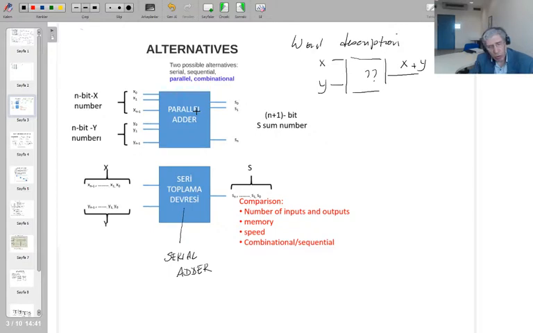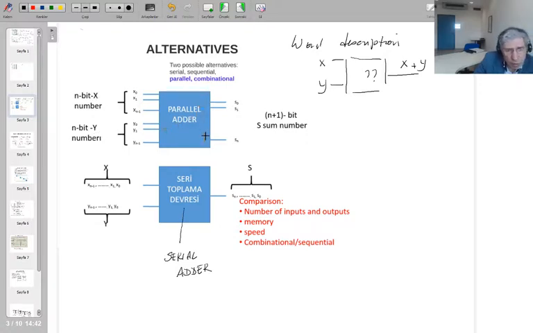Assume that you're going to sum two n-bit numbers. So x, an n-bit number, and y, an n-bit number, apply to this, then I can say that the number of inputs is going to be 2n, isn't it? Half, n, is related with the number x, the other half is related with the number y.